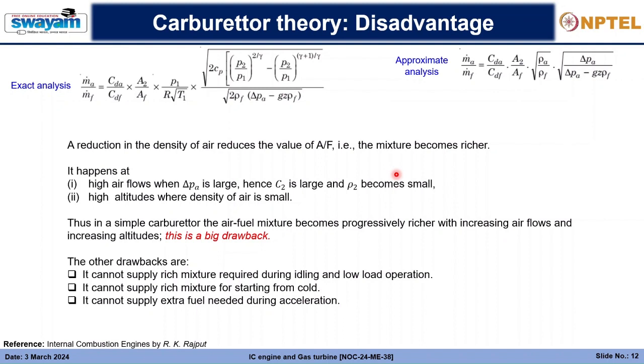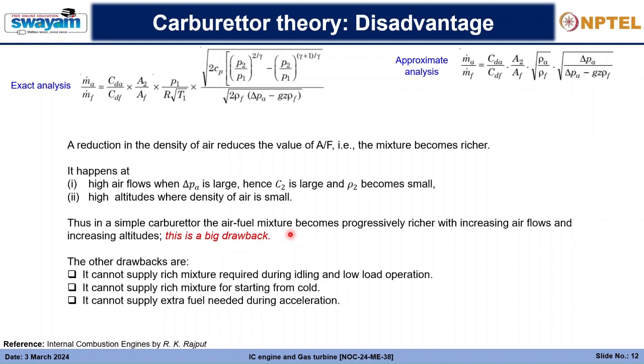The carburetor actually has been designed for a particular system, so it cannot be operated at different pressure levels. Thus, in a simple carburetor, the air-fuel mixture becomes progressively richer with increasing airflows and increasing altitudes. This is a very big drawback, and we need to accommodate for that.